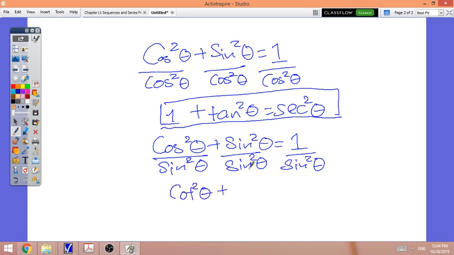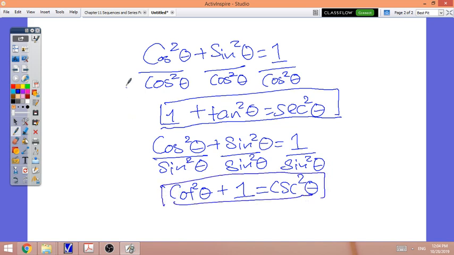Sine squared of theta divided by sine squared of theta, we do have 1. And 1 over sine squared of theta, again the reciprocal identity, we do have cosecant squared of theta. And here's the third one. Again, we got number 1, 2, and 3.